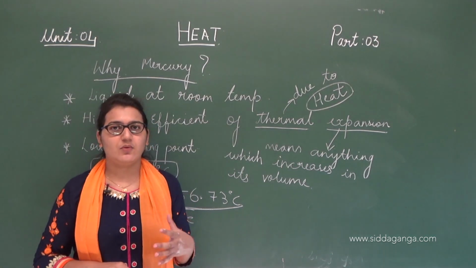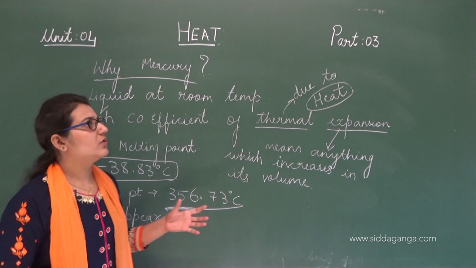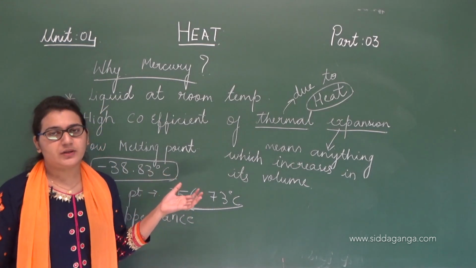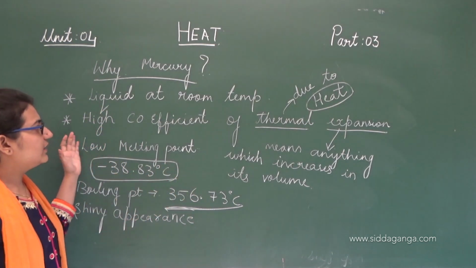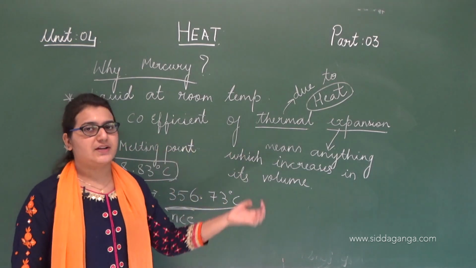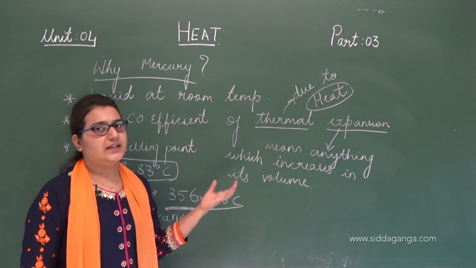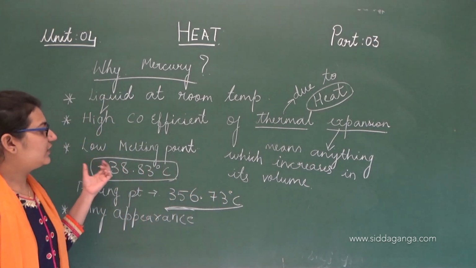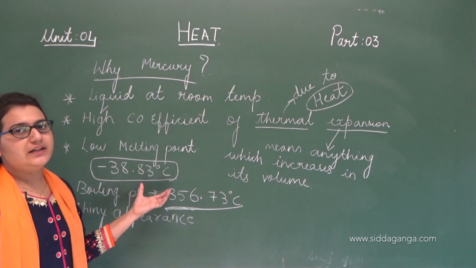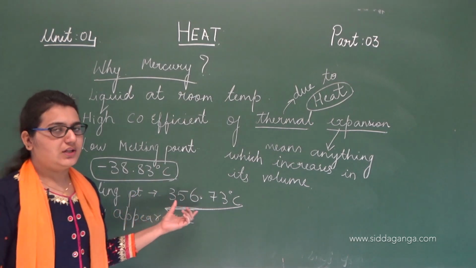So it is liquid at room temperature, yes of course, and it has a high coefficient of thermal expansion. It expands due to the increase in heat. Also, it has a very low melting point and a very high boiling point.